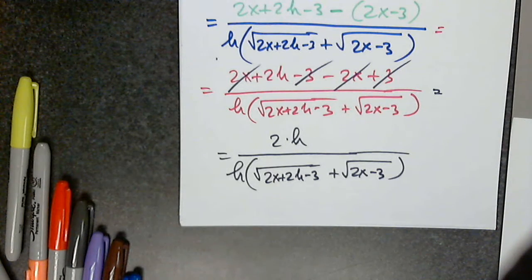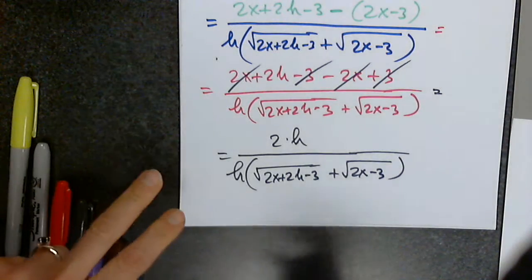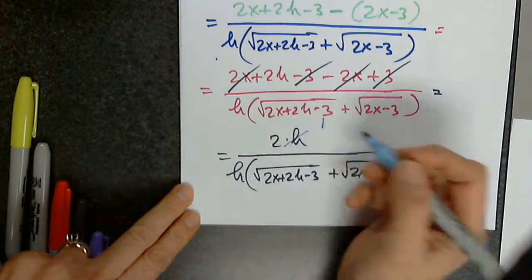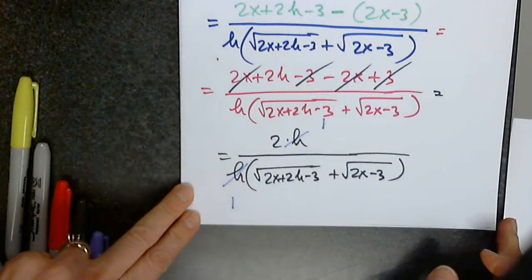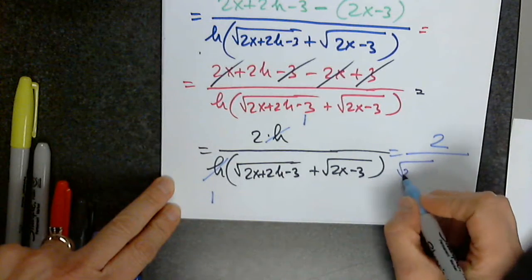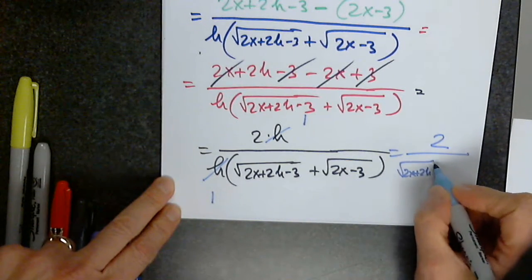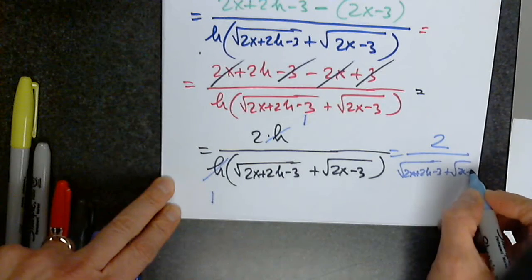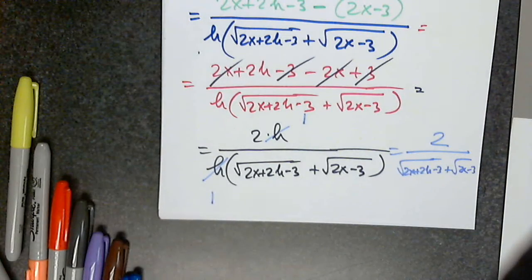What is the second task? Simplify by h. H divided by h is 1. H divided by h is 1. So the simplified form is 2 over the square root of 2x plus 2h minus 3 plus the square root of 2x minus 3. And that's the simplified form.